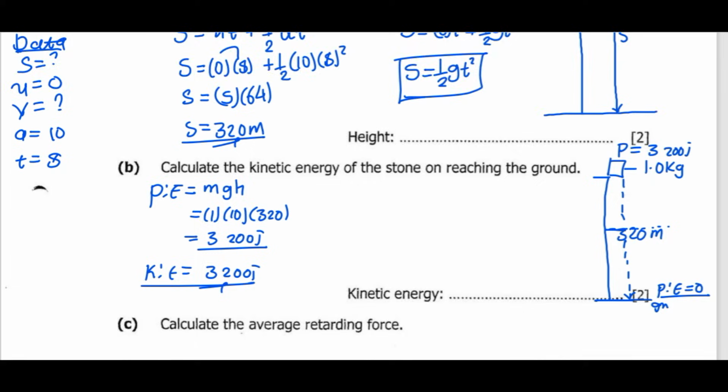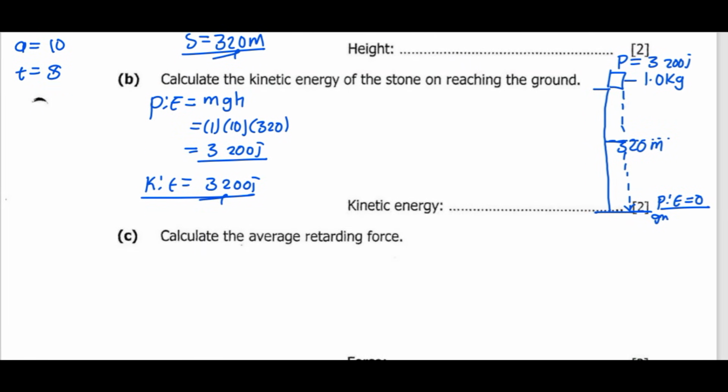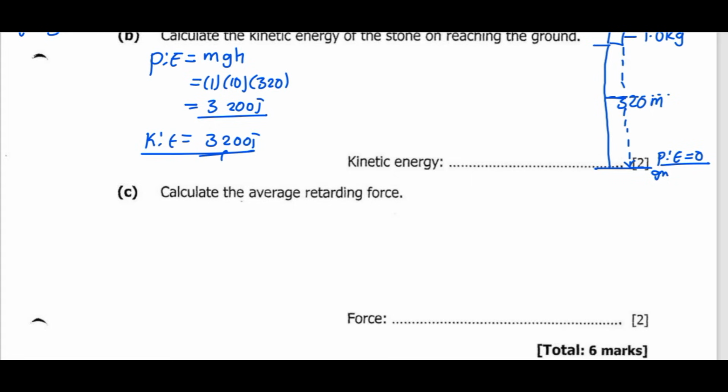Then our C, calculate the average retarding force. Average retarding force. How can we find that average retarding force? So we know that force is equal to mass times acceleration.